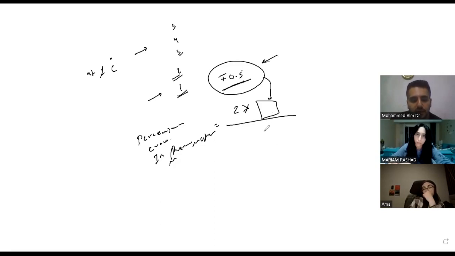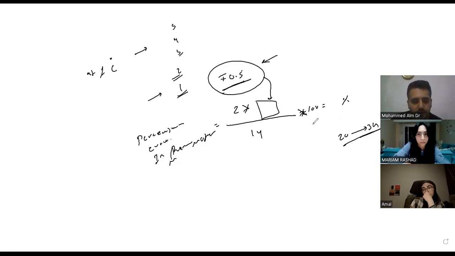This one will be divided by the temperature measured. For example, the temperature was 20 and then it becomes 34, so the temperature measured is 14, right? After you find this, it will be multiplied by 100, and after you find the answer, it will be percent.